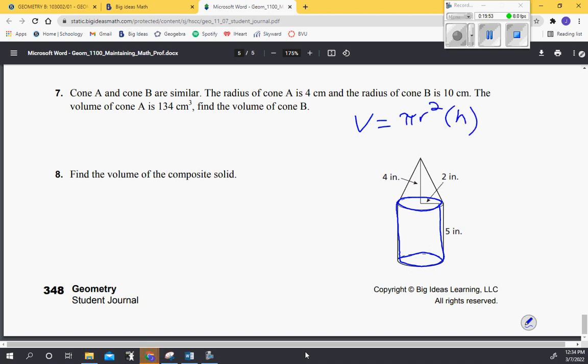It's just base times height. The radius of the cylinder is right here. It's 2. So V is equal to pi times 4, because 2 squared is 4, times our height, which is 5, which is 20. So V is equal to 20 pi.